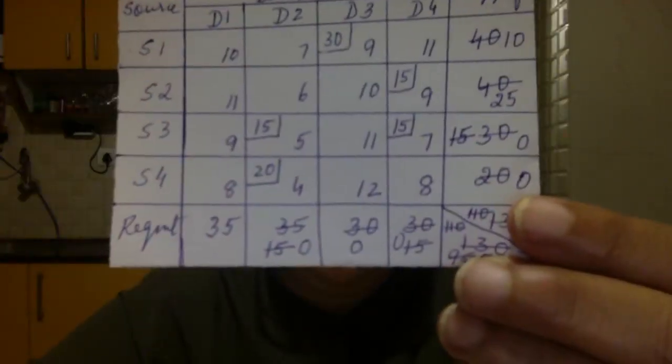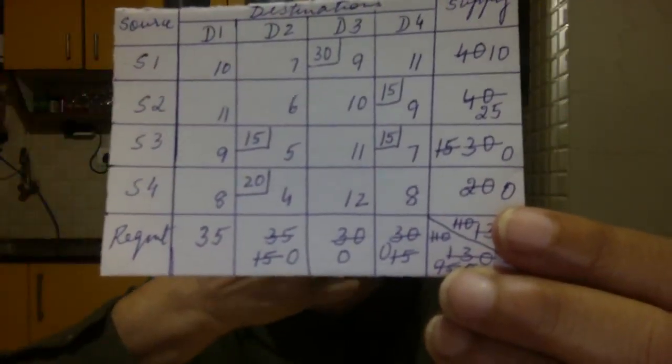So D4 becomes dummy, it is eliminated, and S2 becomes 25. Now the problem looks like this. I have 1, 2, 3, 4, 5 allocations.